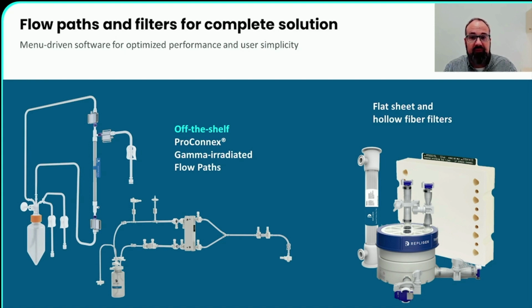We also offer a full line of off-the-shelf flow paths to meet your immediate multi-scale process needs. With technical service teams and application specialists ready to assist, Repligen is the complete end-to-end single-use solution for TFF.